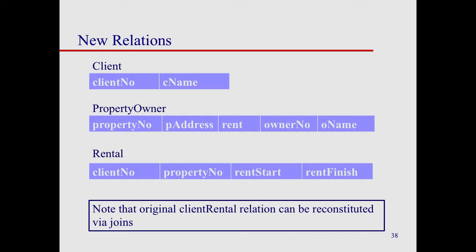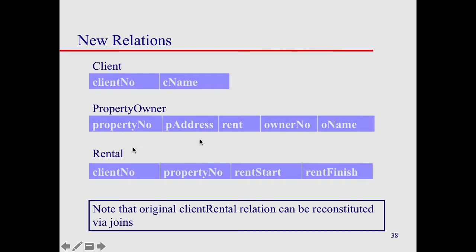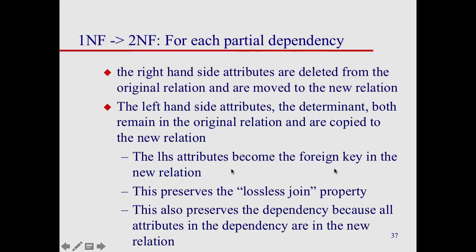So it was already given that, let's say, for property, that rent was a part of it. I don't know if you said that the rent was a part of property number. Let's see. Rent was, yes, determined by the property. Did I put rent start and rent finish? Okay. Yes.